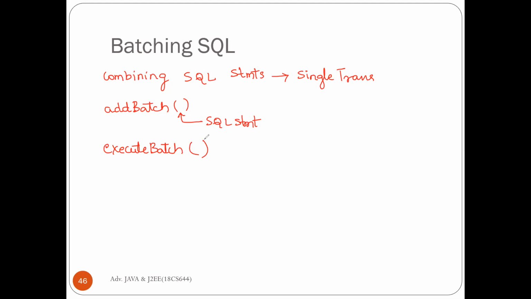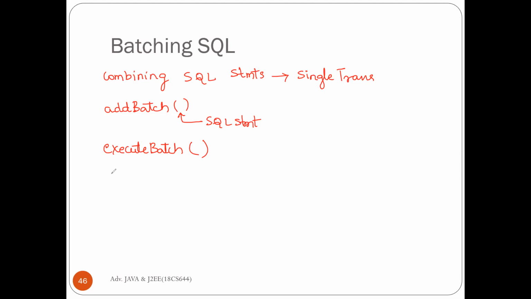This method returns an integer array containing the results for the SQL statements that are executed. If there are any errors, they are reported through a BatchUpdateException. Once the batch is executed, we can also clear the batch.